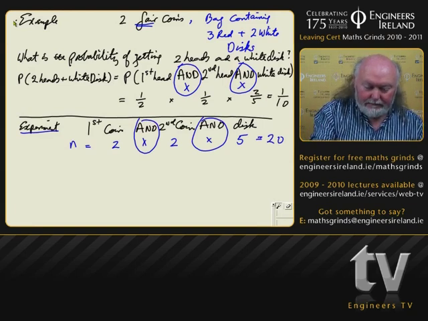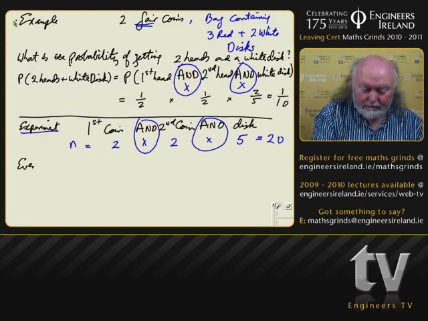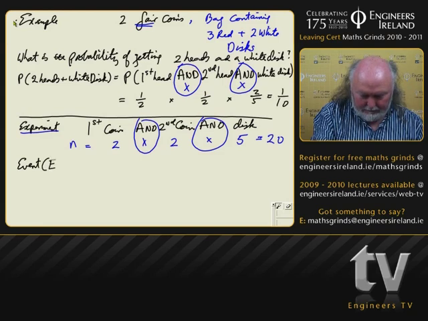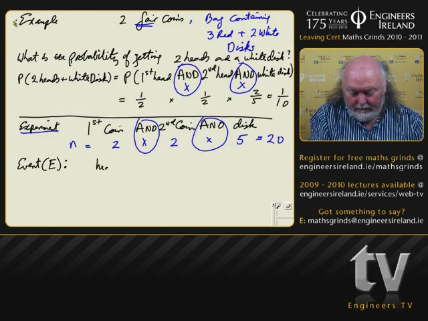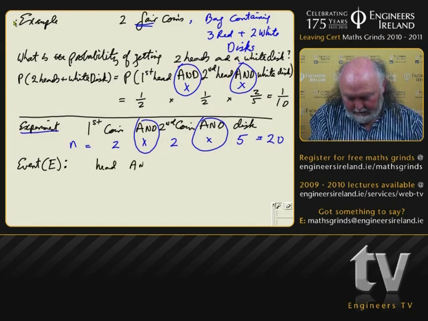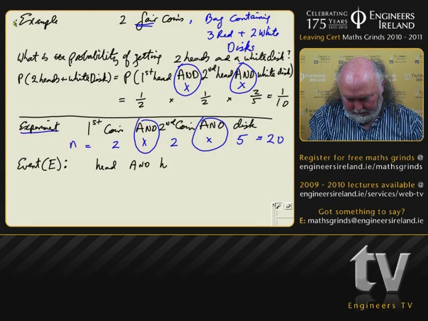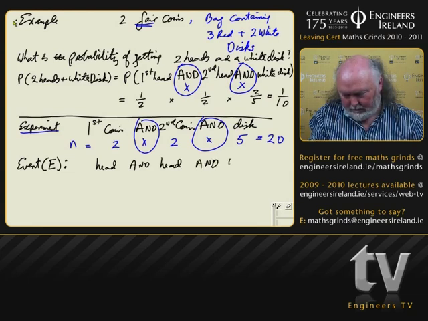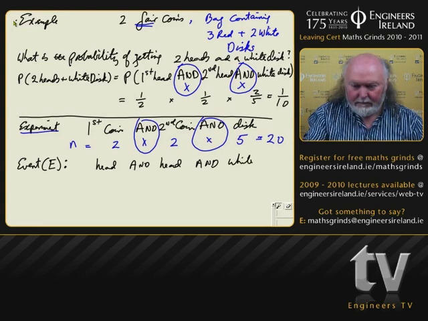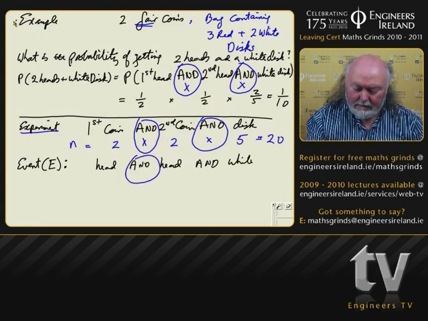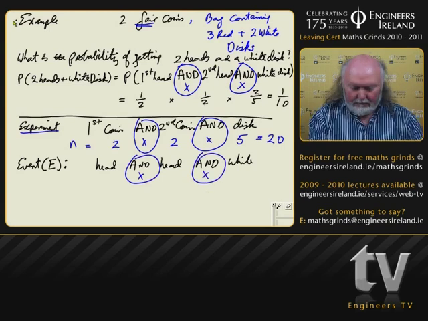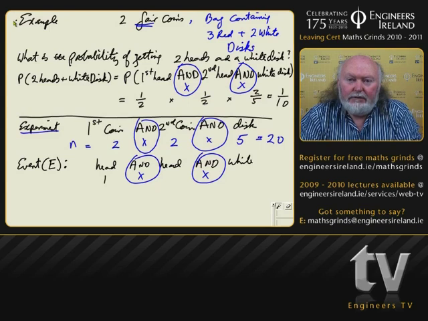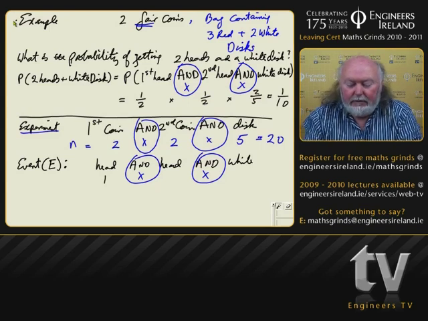What's the event? We want a head and a head and a white. There's 1 chance out of 2 in getting a head from the first coin.